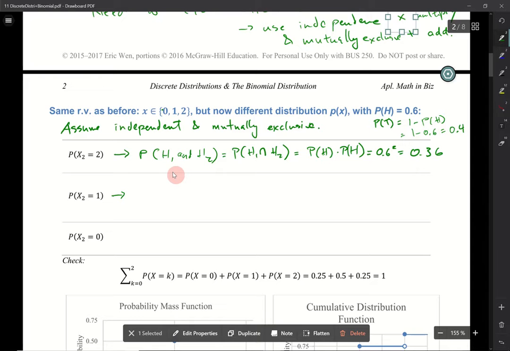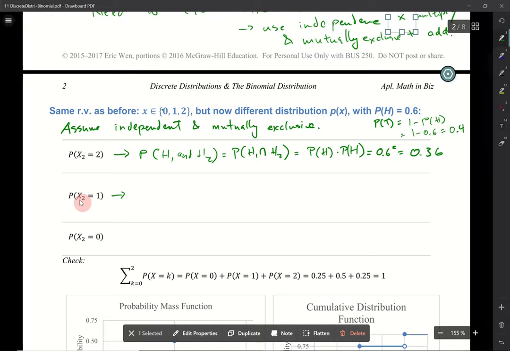The first flip and the second flip. So we can't just say it's 0.6, because that's the probability of flipping once and getting a head. Here, we're saying we flipped it twice and we got one head.